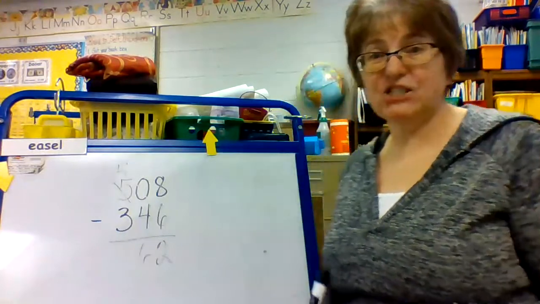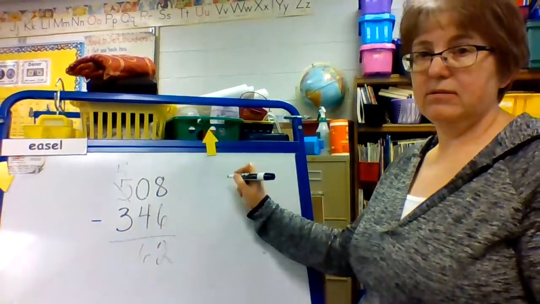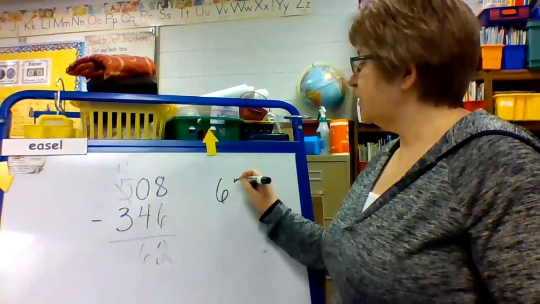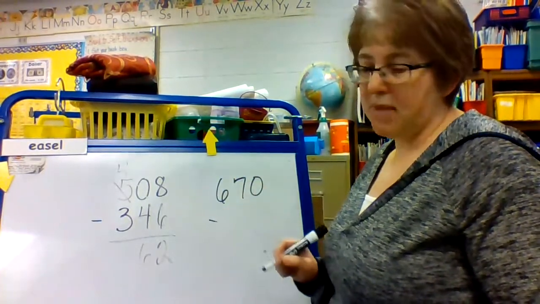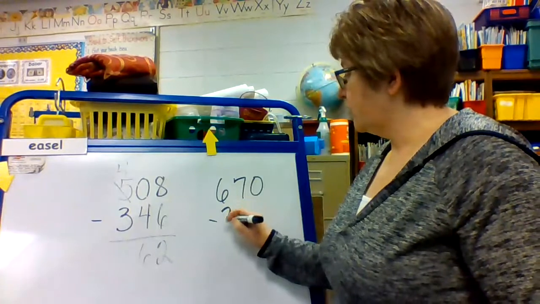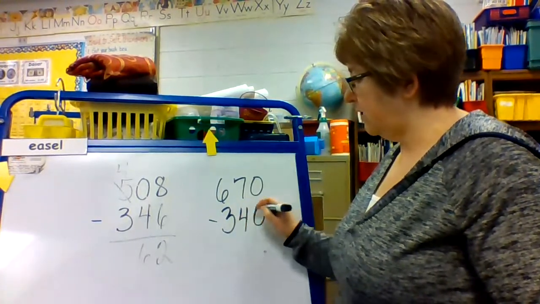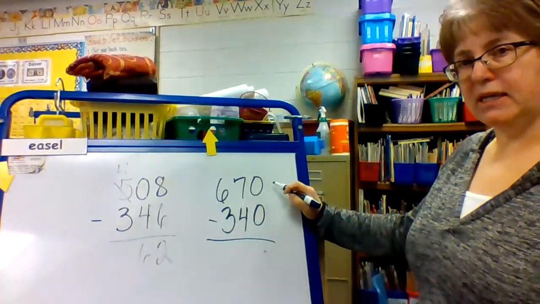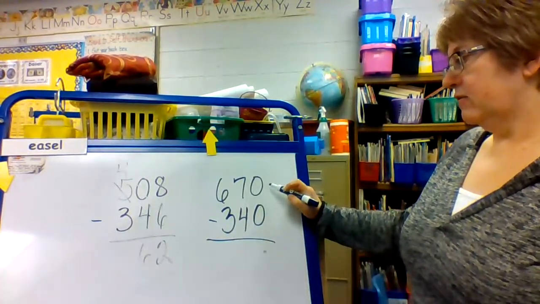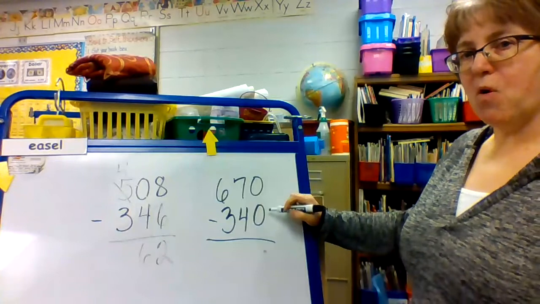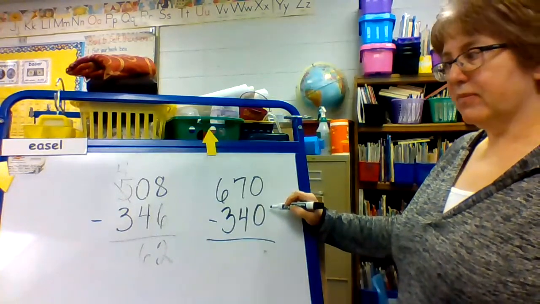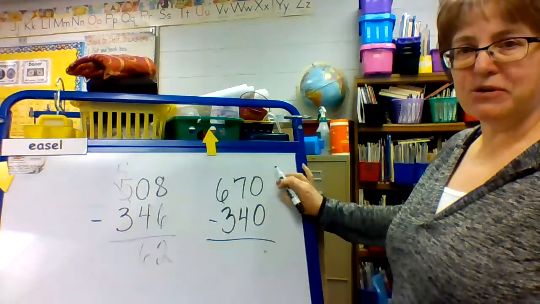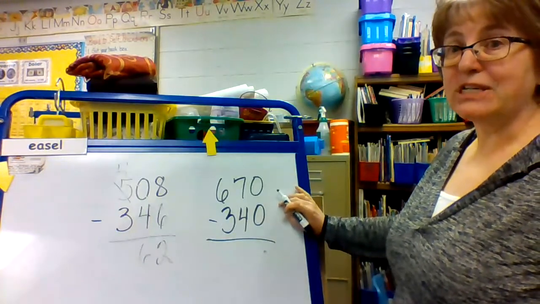Now, let's try number 3. 670 minus 340. All right, so let's see. Do I have more on the top or more on the floor? Oh, 0 and 0. The number is the same, so 0 is my game.